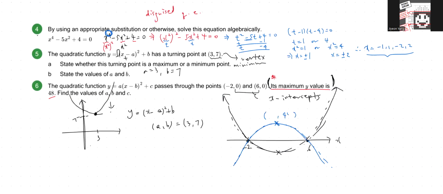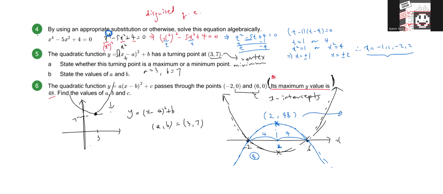Actually, you can find the x-coordinate of this one because it should be in the middle of negative 2 and 6. The difference between 6 and negative 2 is 8. So if you divide it by 2, it should be 4. Then 4 more from negative 2, it should be 2. So the vertex of this quadratic graph is 2, 48.